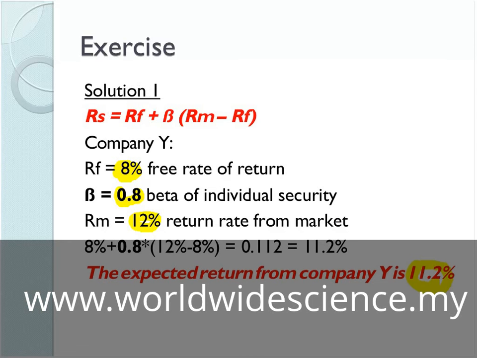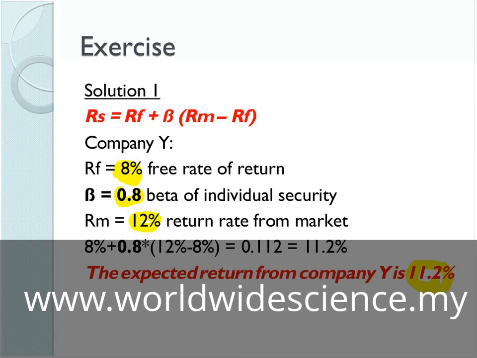Some of you asked me to go back to the previous slide. So here for company Y, we must identify the expected returns. The risk-free rate of return is 8%, the same as in the previous one.